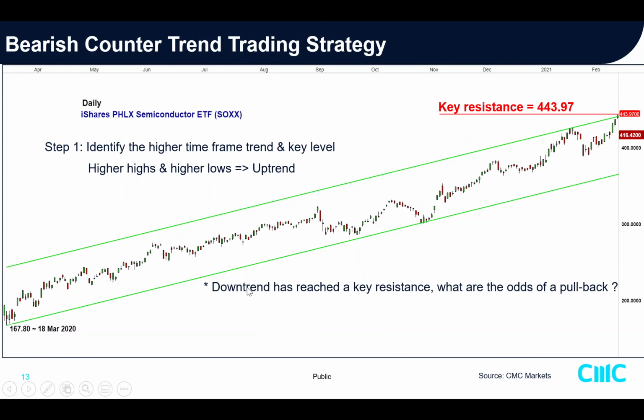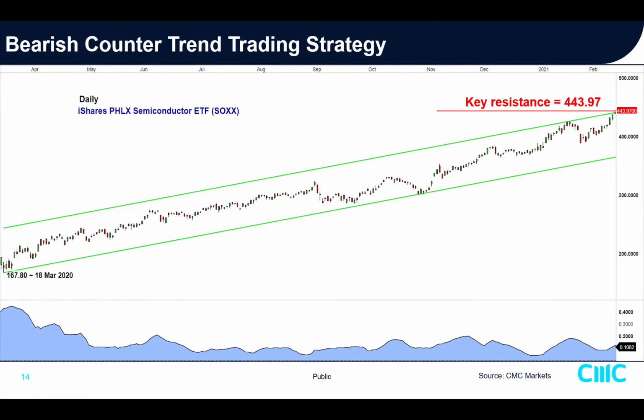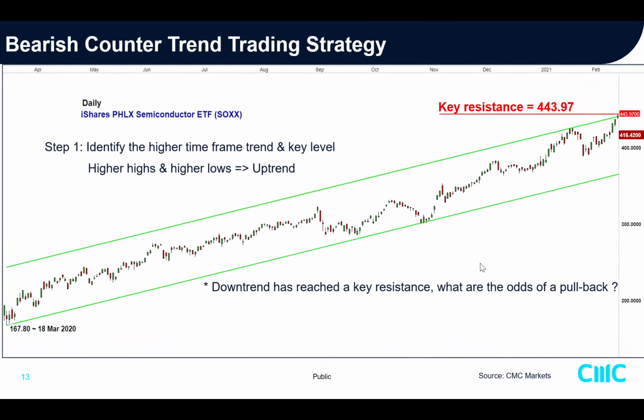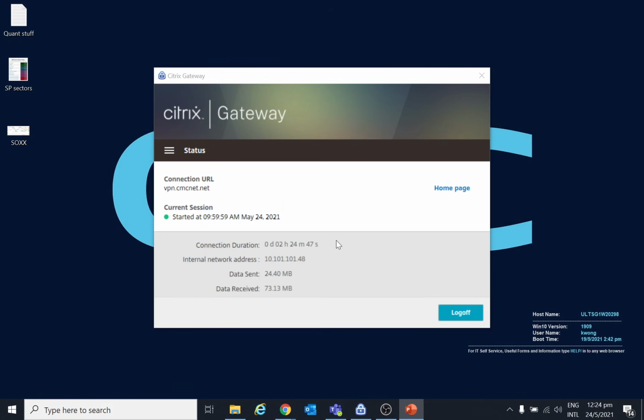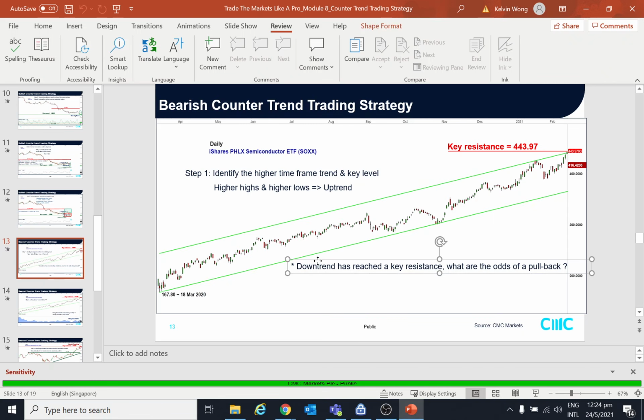Okay, this is an uptrend. Now, the uptrend has reached a key resistance level. So what are the odds of a pullback? Let me change this to uptrend instead.